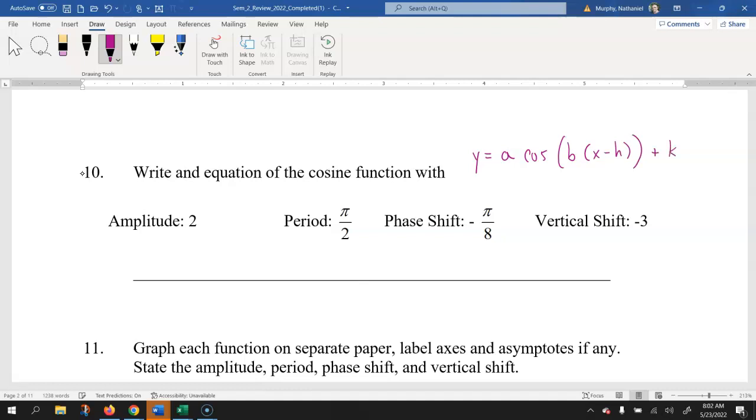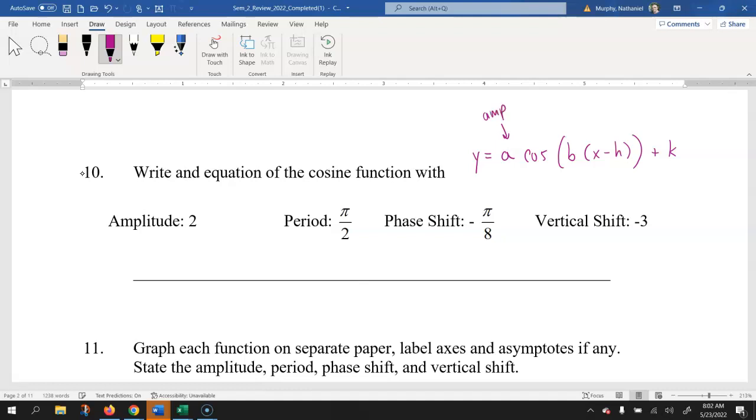Where h and k represent your horizontal and vertical translation, b represents any stretches or shrinks happening horizontally, and a represents your vertical stretch and shrinks, which is also our amplitude. So your amplitude is your a value.